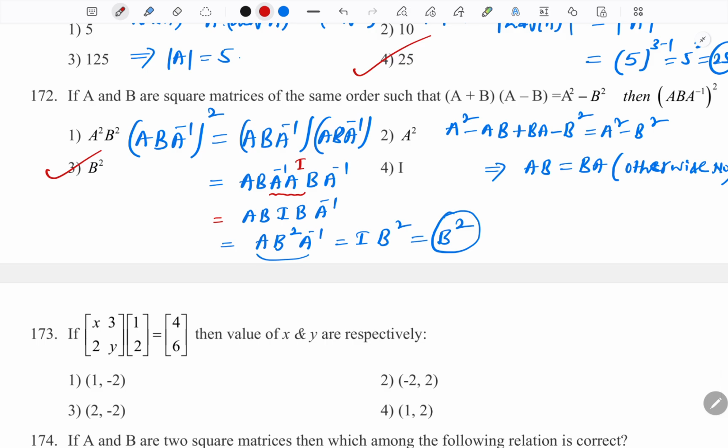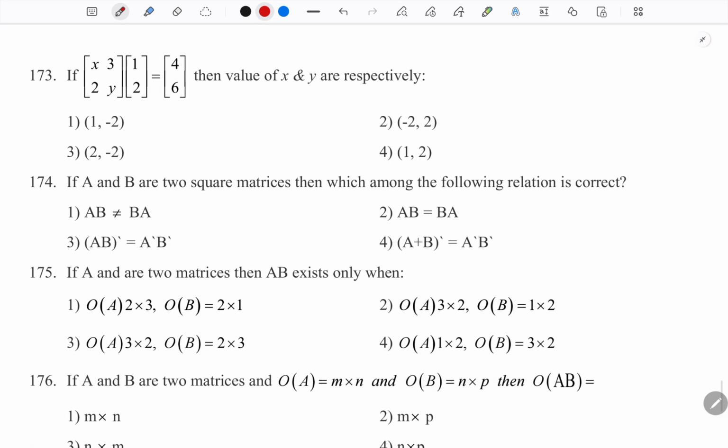Next, if the matrices are equal, respectively, then what are the answers? First write the general linear equation. First row first column, next second row second column equal to this one. Clear? First row first column equals 4, second row first column equals 6. Okay, I expand the first one: x plus 6 equal to 4. From this one we can say x equal to 4 minus 6, that is minus 2.